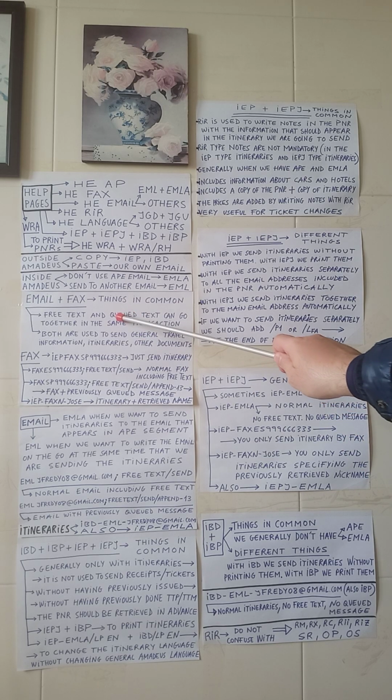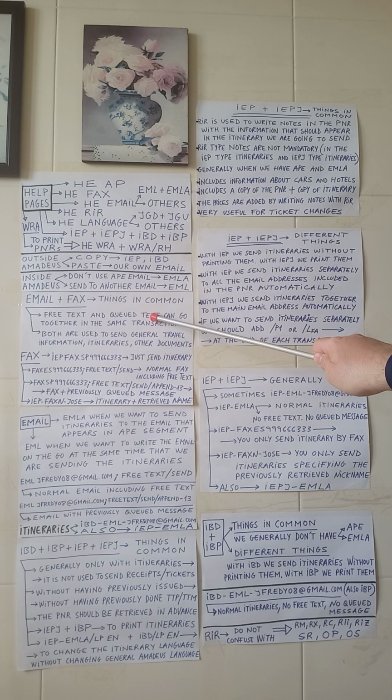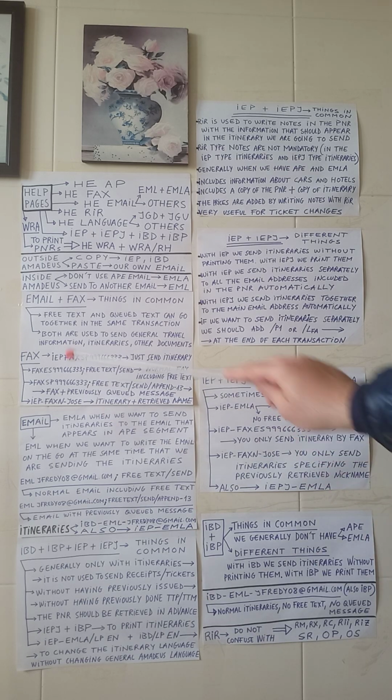And cute texts are understood as those texts that are attached to the transaction by adding the word append, followed by a dash and the number of segment or queue in which a text that was previously written is located. Another thing that emails and faxes have in common is this one.